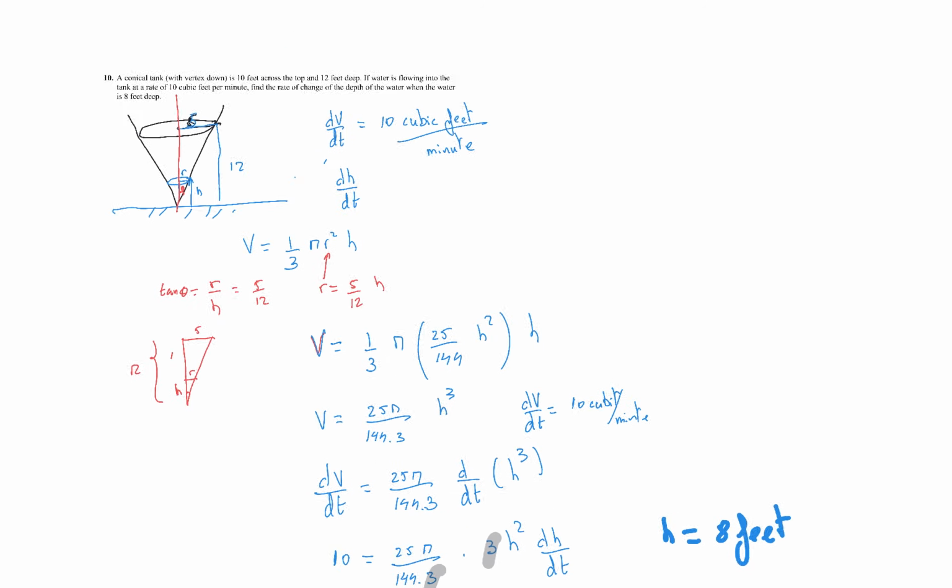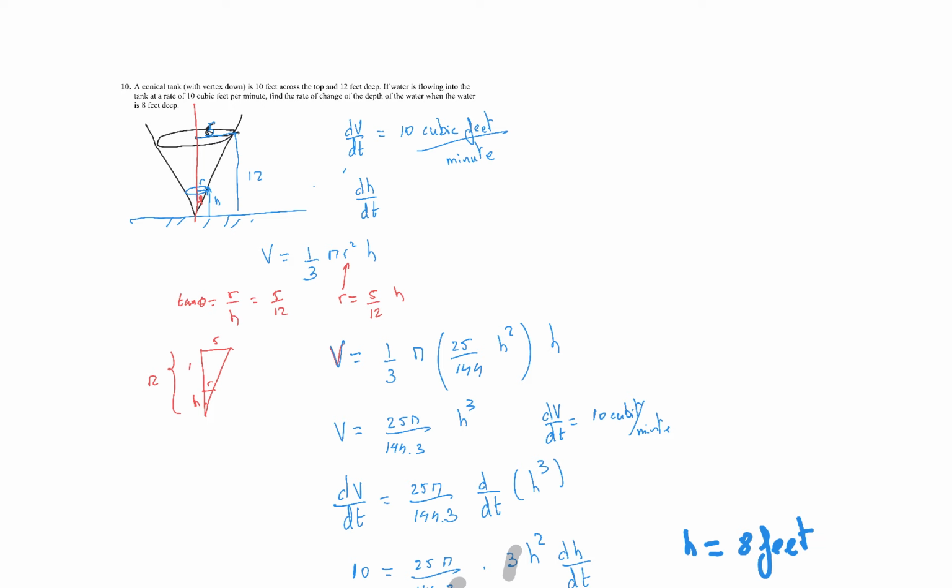And this is the problem. It's an interesting problem. You are filling with water, 10 cubic feet of water per minute, and the height is growing. At the beginning, it's growing very, very fast.